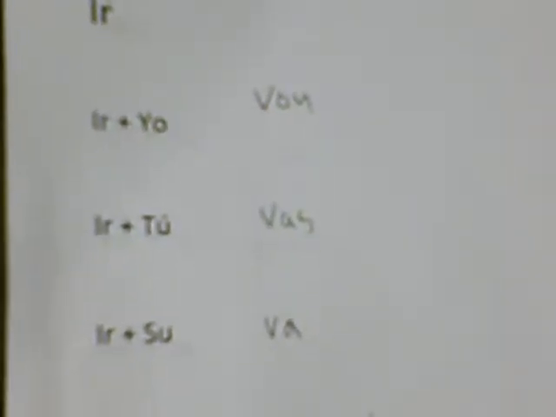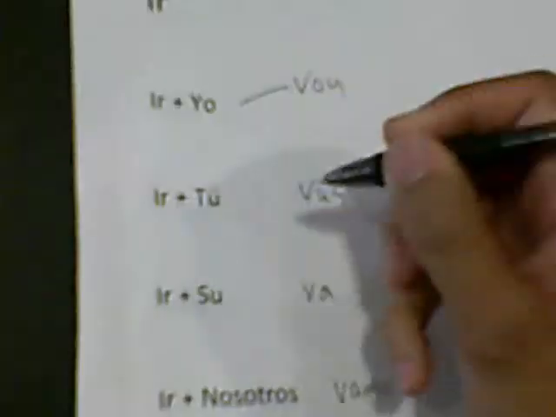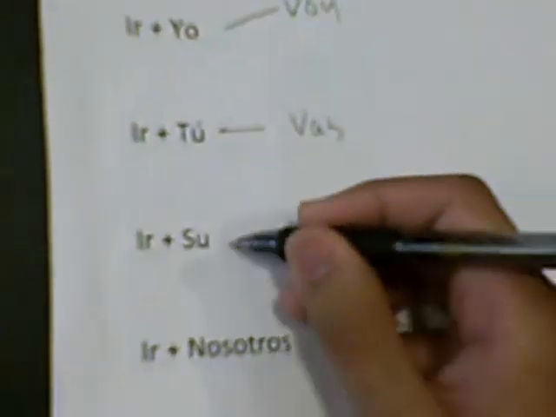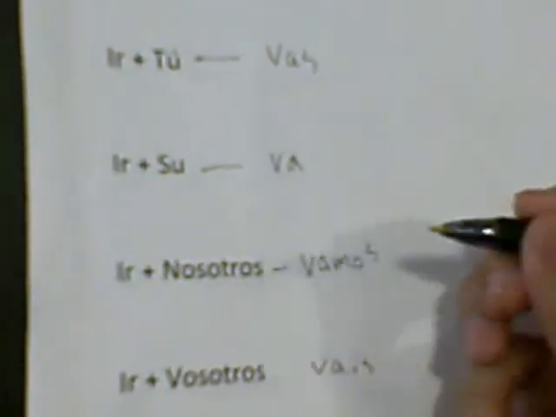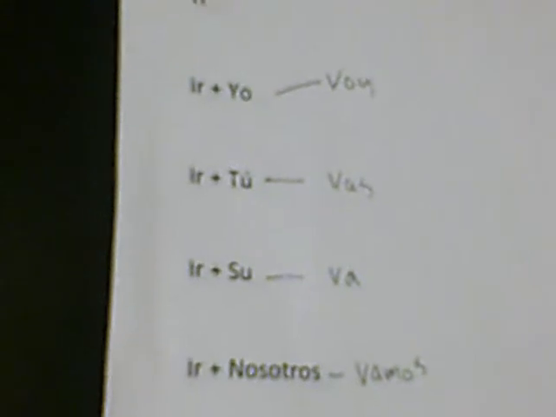One common irregular verb is ir, to go, which when conjugated looks nothing like its infinitive. After conjugation, it looks like this. Another common irregular verb is ser, to be.